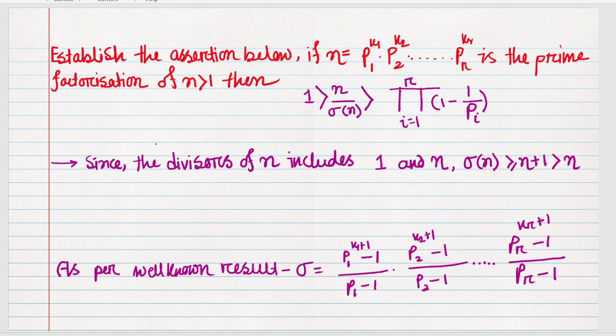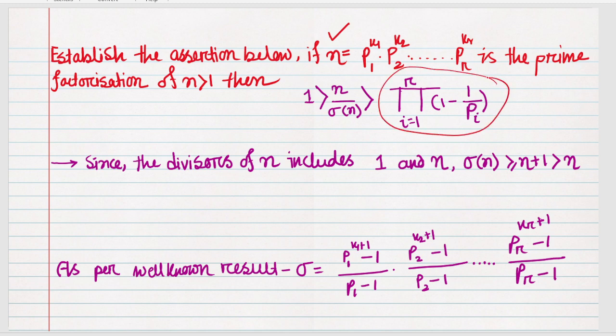In our next statement, they asked us to establish the following: if the prime factorization of n is given by the primes pi, then phi of n equals n times the product of 1 minus 1 by pi. What is meant by this?